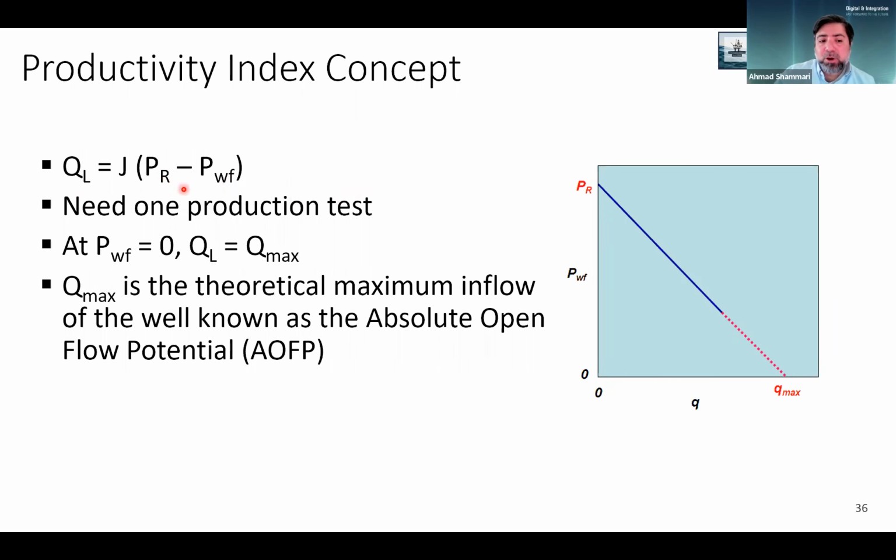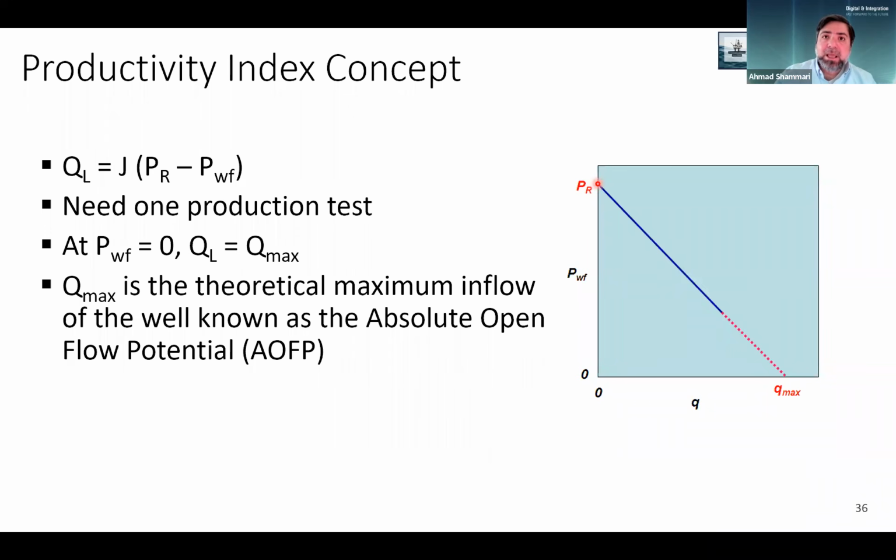And we all know that PWF equals 0 is a theoretical number. For example, as you can see here from this plot, this is 0 flow rate. So 0 flow rate is equivalent to PWF equals reservoir pressure.